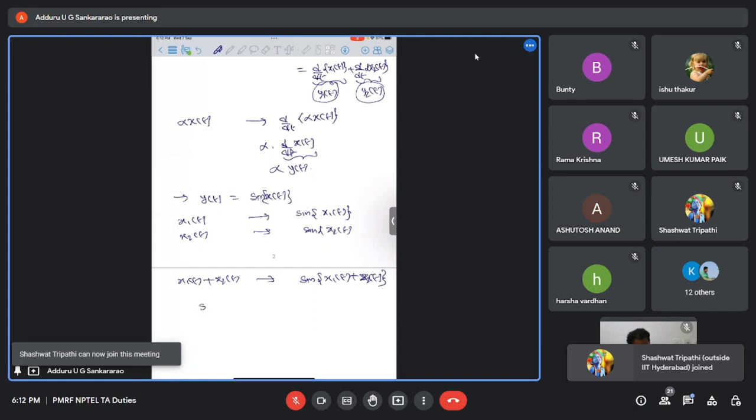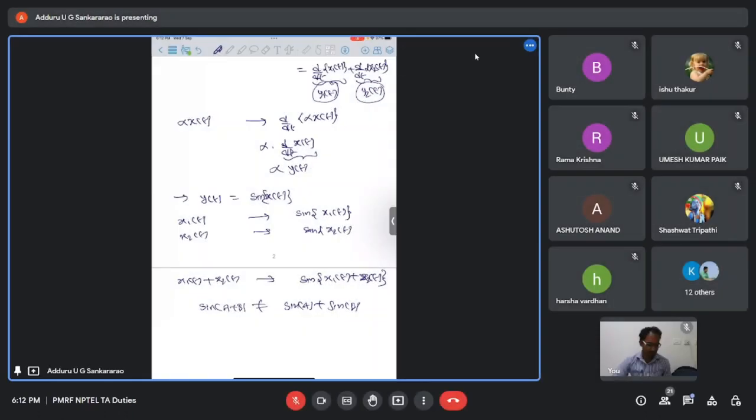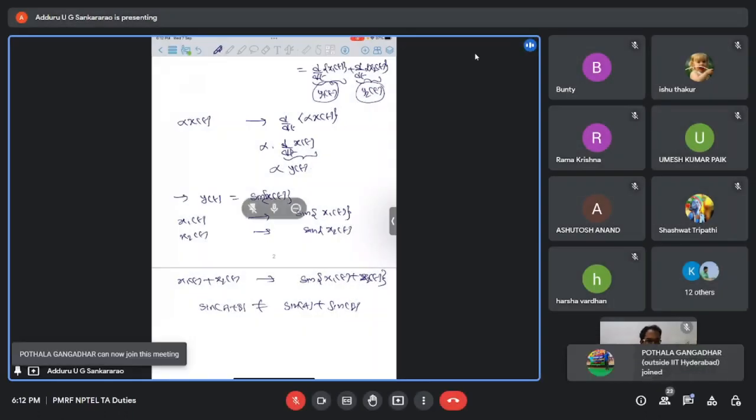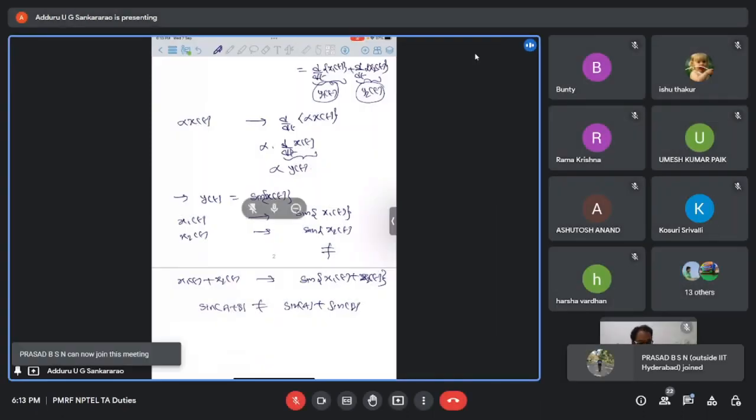We know sine of a plus b is not equal to sine a plus sine b. That is sine a cos b plus cos a sine b. Sine of x1 of t plus x2 of t is not equal to sine x1 of t plus sine x2 of t. So it is not following additivity.